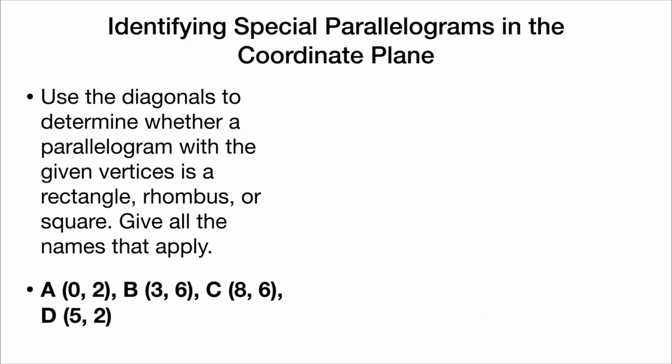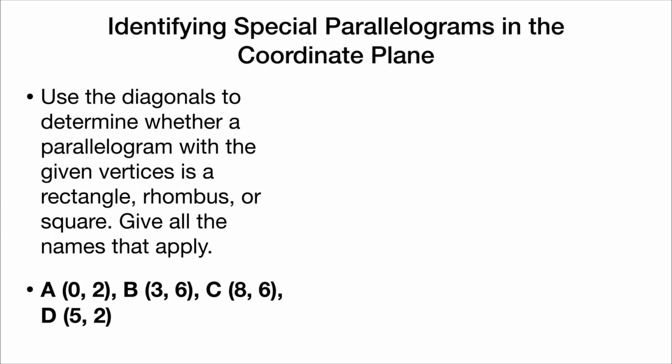So now let's identify special parallelograms in the coordinate plane. We are going to use the diagonals and not the sides to determine whether this parallelogram with the given vertices is a rectangle, rhombus, or square. We are going to give all the names that apply. Please note, we already know this one's a parallelogram, so we don't have to prove that.